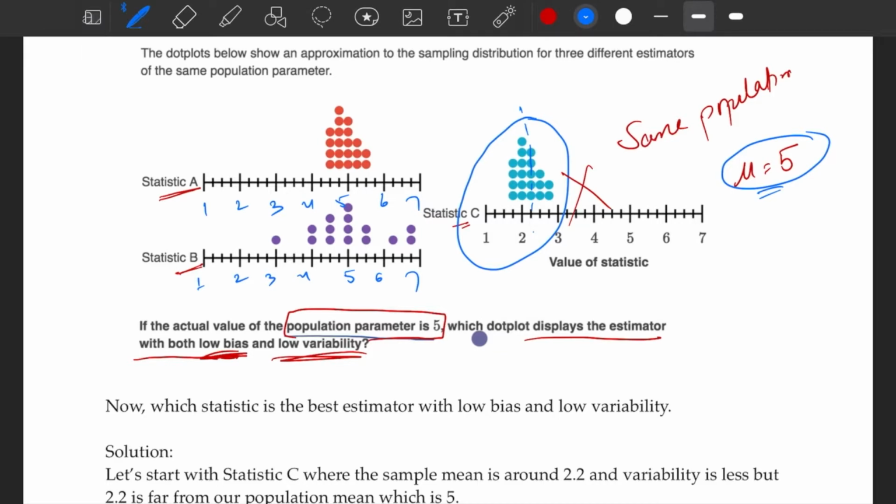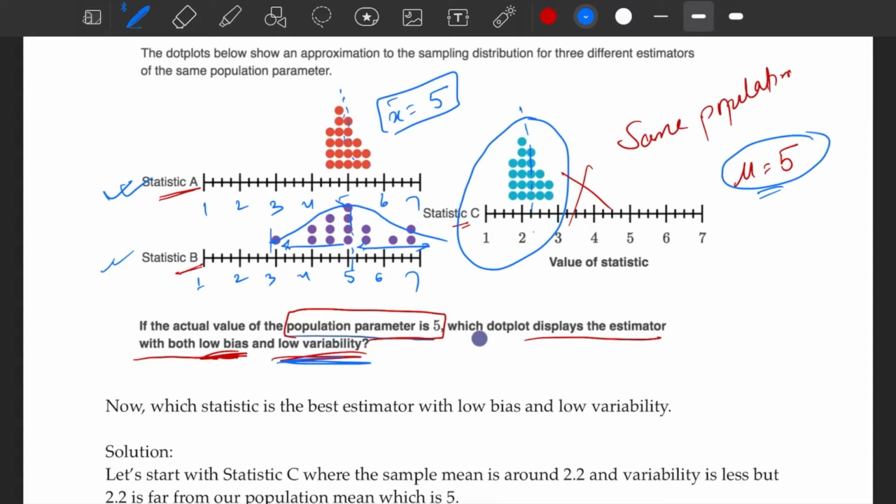Okay, now coming back to here, both samples seem to have a mean of 5, right? Here also x bar tends to 5, here also x bar tends to 5. Both are good in terms of low bias. But if you talk about low variability, here the variability is very high, right?